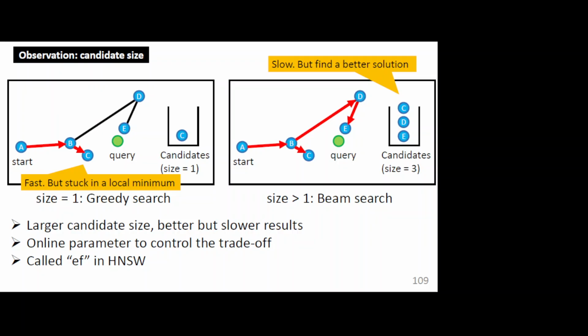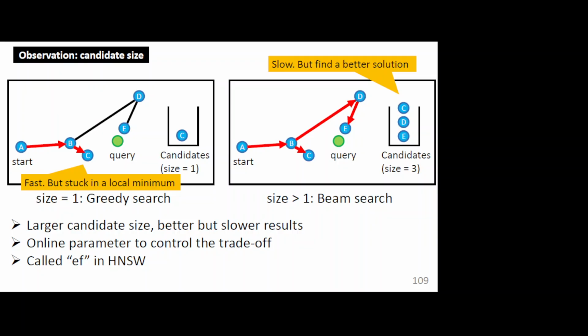If you start from node A and want to find your query, from A you will go to node B, and then at node B you will choose node C, right? Because you only keep 1 candidate, you will not choose node D. But D has a better edge to connect to E, which is the closest to the query.